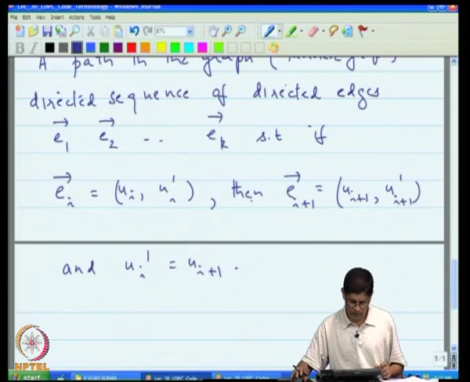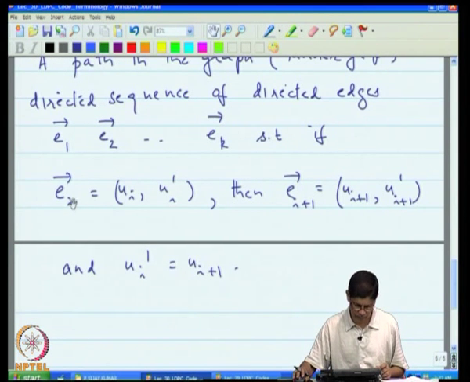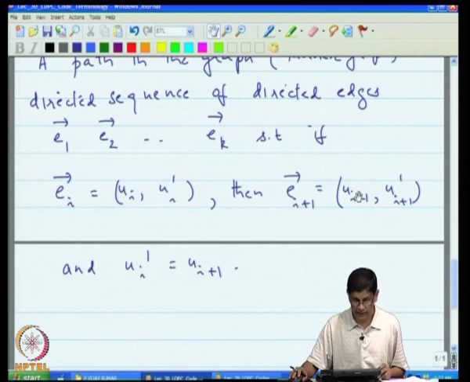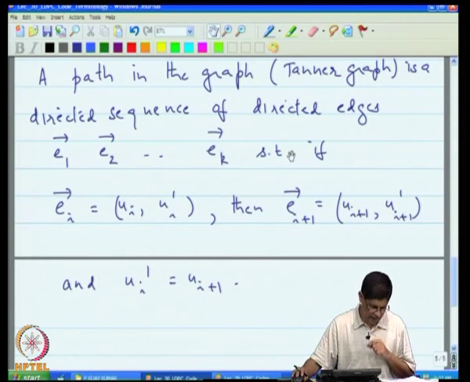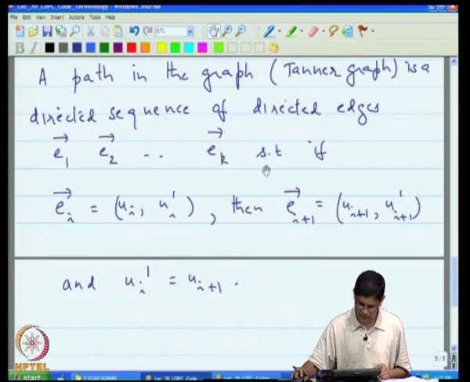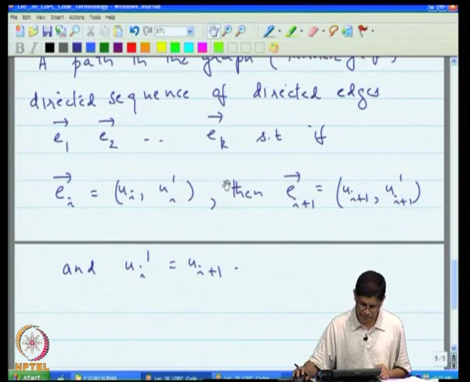Okay. So, in other words, we are thinking of these two edges as being contiguous and leading from one to the other. So, this is a common vertex or a node. From ui we are going to node ui plus 1, which is the same as this node, and then we are going to go to this node. So, this is what we mean by a path, and we say that the length of the path is, for example, here there are k directed edges.